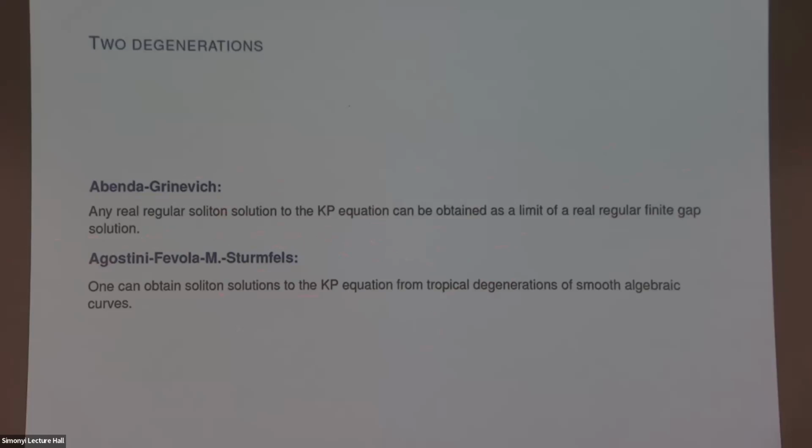Another degeneration, which is past work with Daniele Agostini, Claudio Fevola, and Bernd Sturmfels, we obtained soliton solutions to the KP equation from tropical degenerations of smooth algebraic curves. So departing from M-curves, and this is going in the other direction, we start with curves, do the tropical degenerations, and we showed that we obtain soliton solutions.